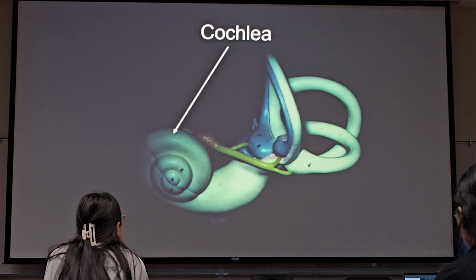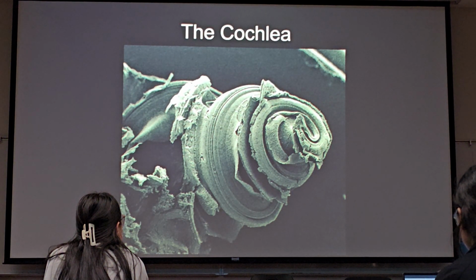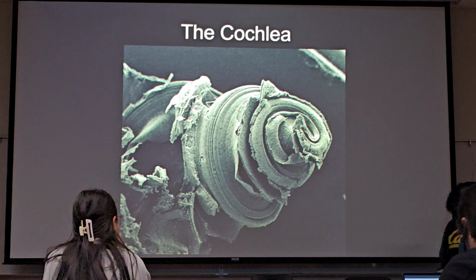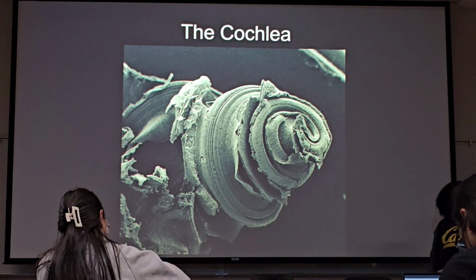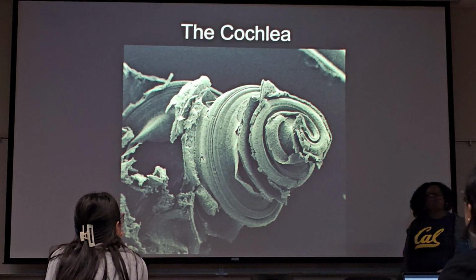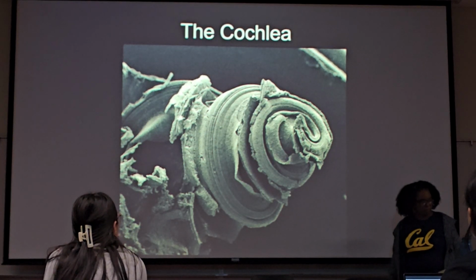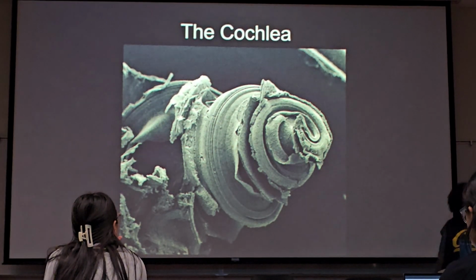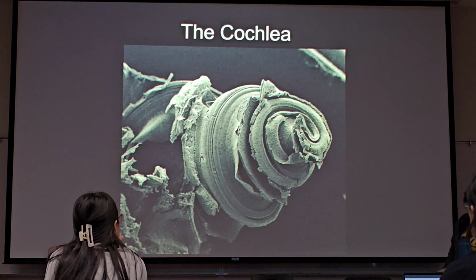The cochlea. Someone wanted a beautiful electron micrograph of the cochlea. Inside of the bony labyrinth of the cochlea is the membranous labyrinth, the cochlear duct. Inside of that is the structure for sensing hearing, the organ of Corti.